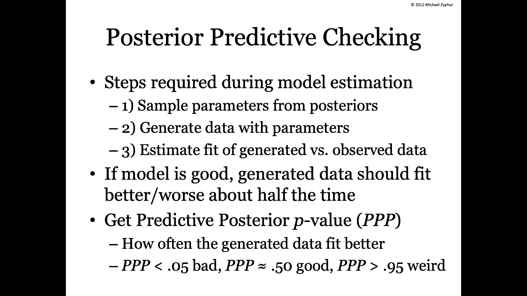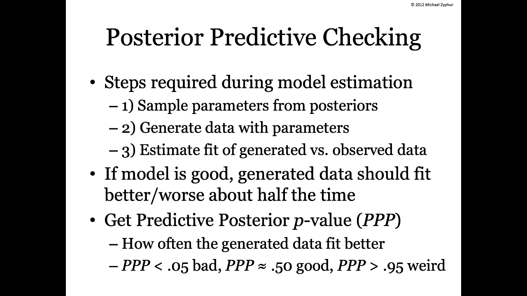So for posterior predictive checking, essentially what it's doing is comparing the model that you estimate to one, well, here are the steps. You sample parameters from some posterior distribution. That's the way you do Markov chain Monte Carlo Bayes estimation: you're sampling parameter estimates, and you get a bunch of those.